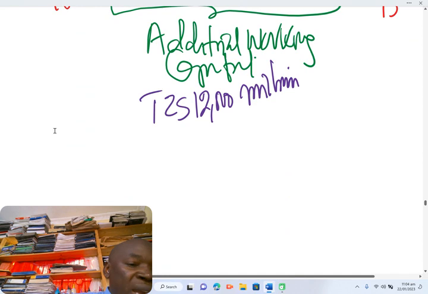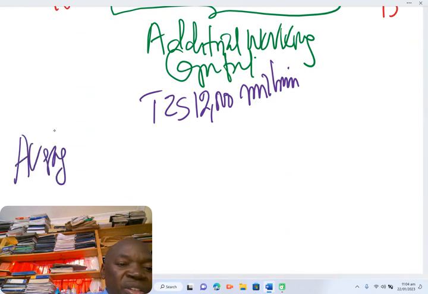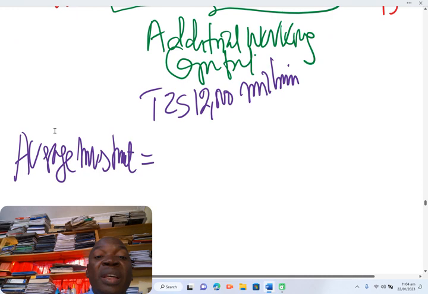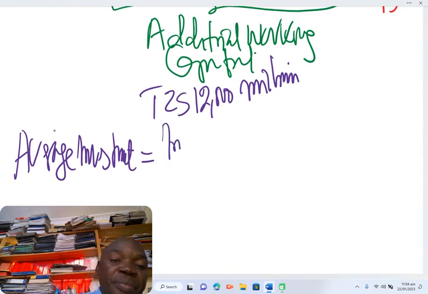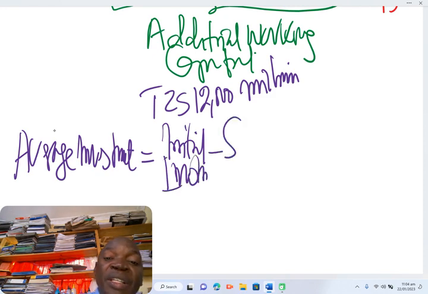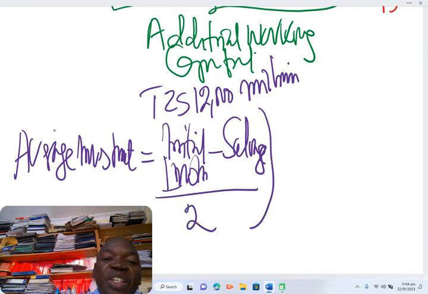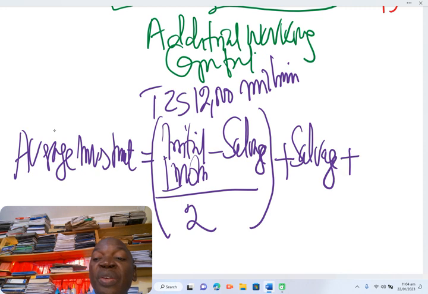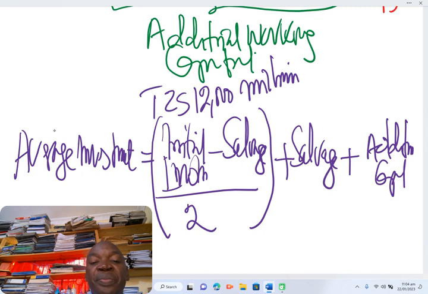Now compute the average investment. I said this average investment is defined as initial investment minus salvage, divided by 2. That was the first component. Second component, you add salvage and then you add additional capital.